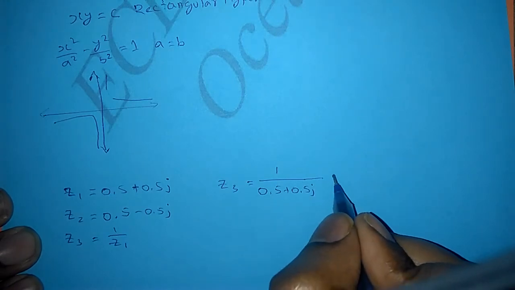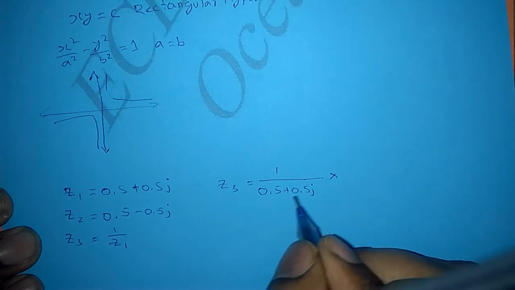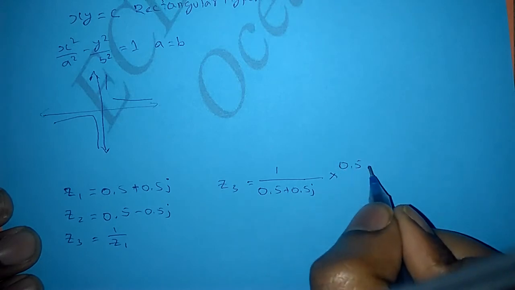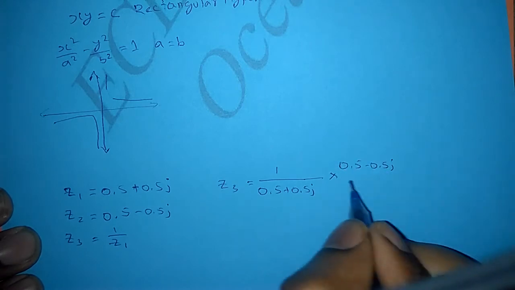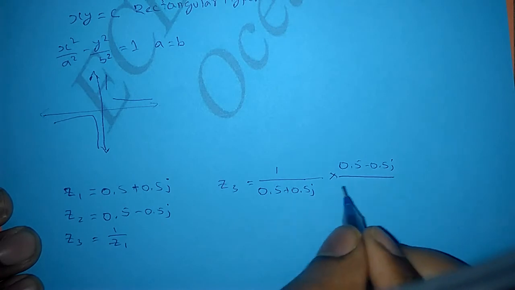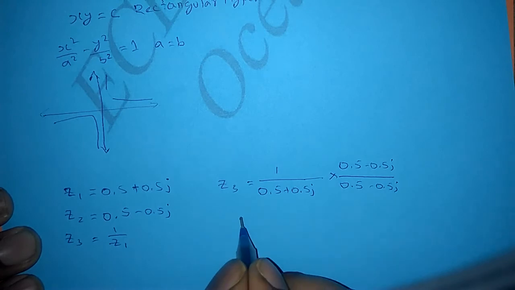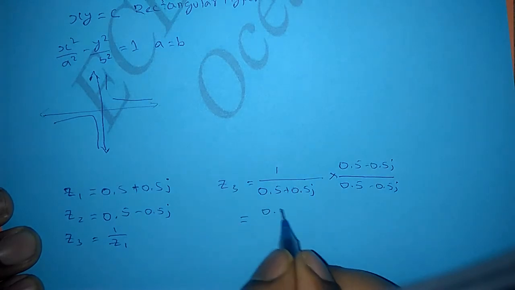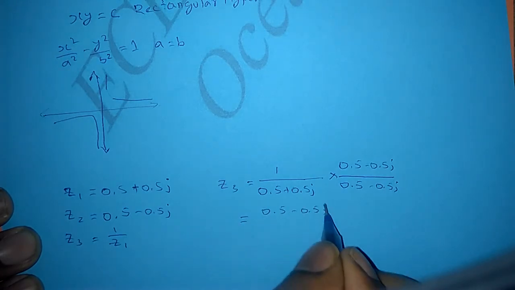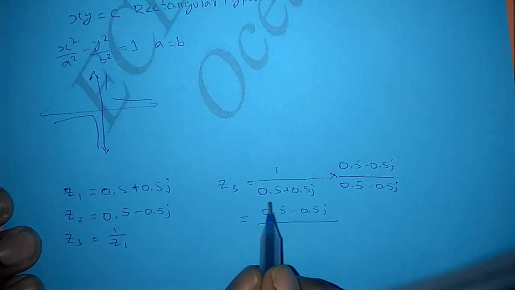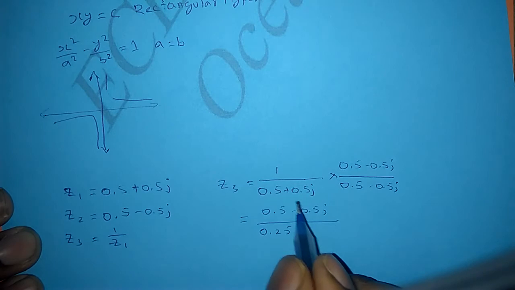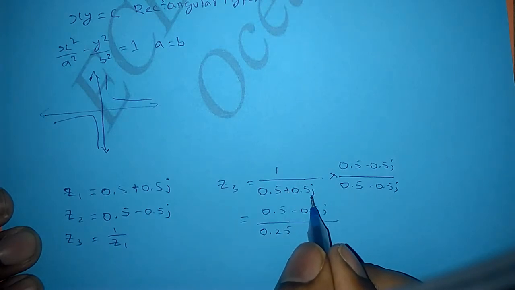For that, I will multiply with its complex conjugate 0.5 minus 0.5 j, and I will divide with the same 0.5 minus 0.5 j. So the numerator becomes 0.5 minus 0.5 j, and the denominator becomes 0.5 square, that is simply 0.25.